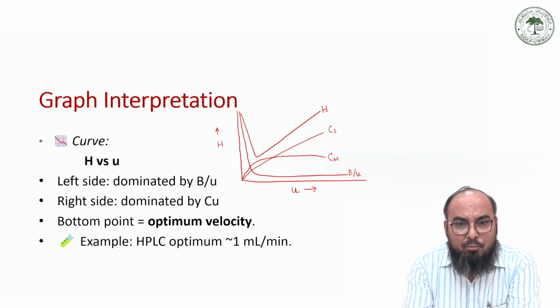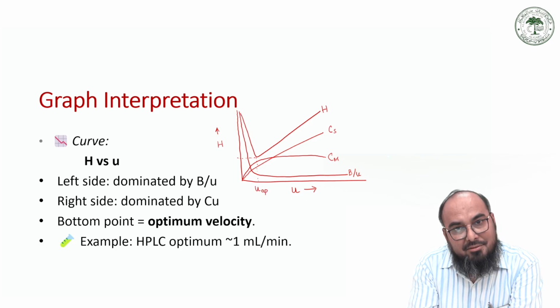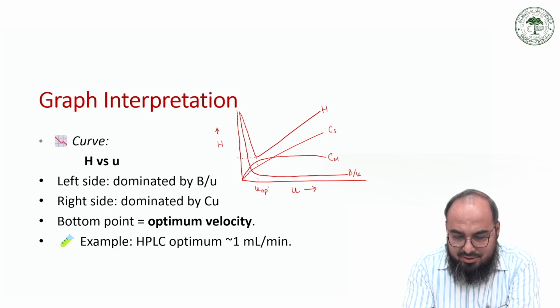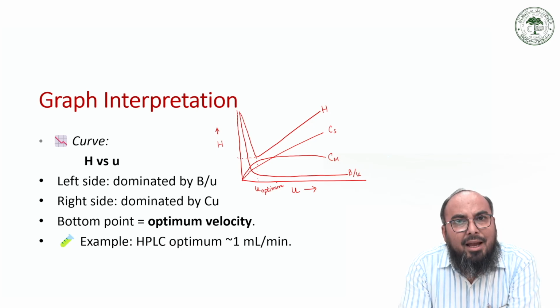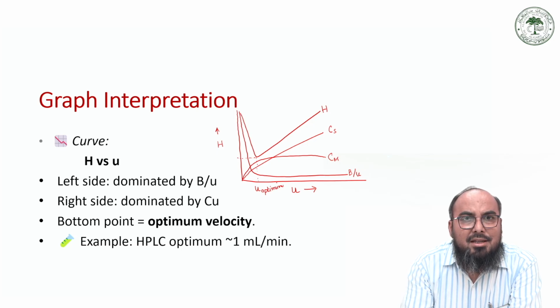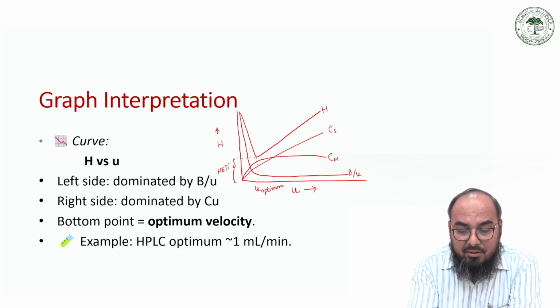At a certain point, if you drop a perpendicular, you will find this velocity is the optimum velocity, which we have talked about in detail in our previous slides. This H is called the height equivalent to theoretical plates, HETP.